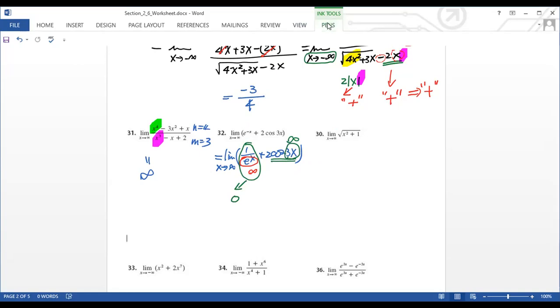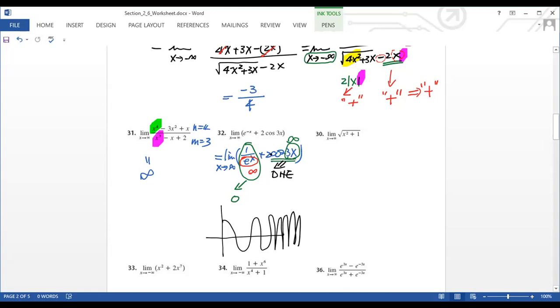So when x approaches infinity, this number will approach infinity. And we did this in practice before. We said a cosine, right? If you do that, what happens here? Cosine is going to continue jumping between 1 and negative 1. So do we have a limit here? No, it does not exist.